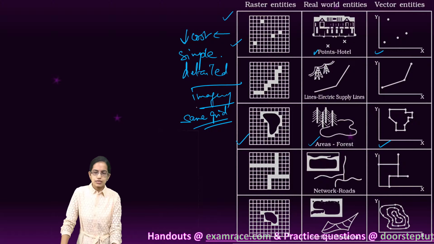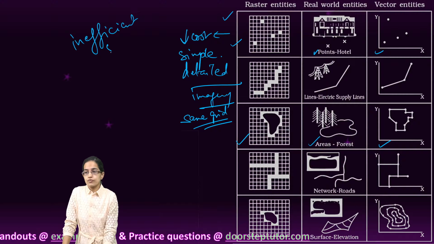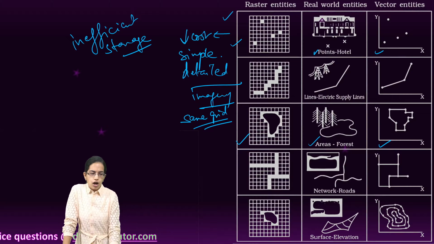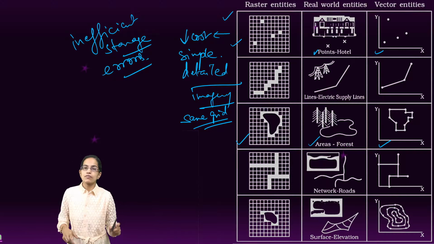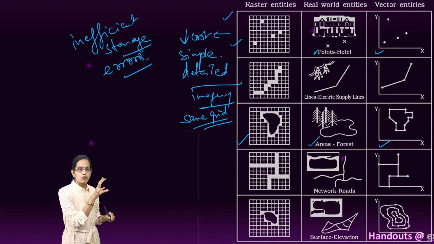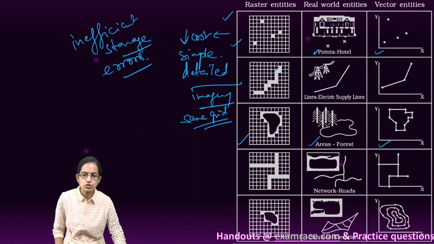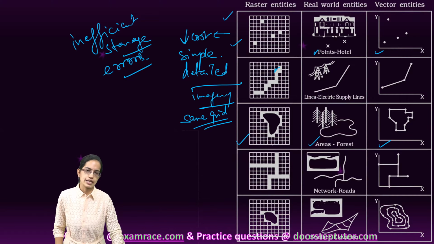The first disadvantage is that it is inefficient to use. The storage required is very high, so you need to have better storage devices. Also, there are lots and lots of errors. Why? Because every data is stored in pixel form. So if my line goes somewhere in between these two, there is an error, and this is the error that I can mark.